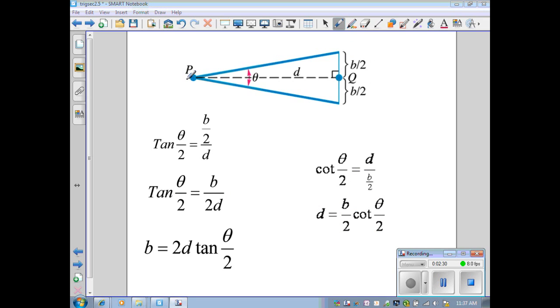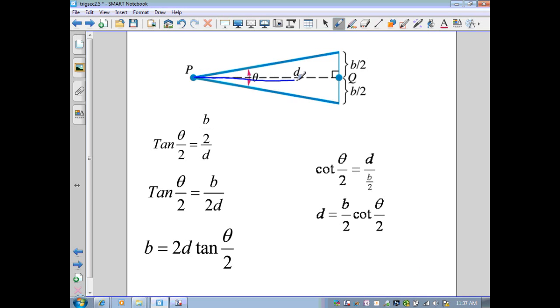Again, I have the diagram situated here, and I have two separate formulas that we can take a look at. If I look at the first formula with tangent, and I'm trying to find theta, if I'm given B and D, all I need to do is substitute into my formula, and I can find theta by using the calculator. But if I'm trying to find either B or D, I can use one or the other of these two formulas. If I'm trying to find B, I would use tangent of theta over 2.